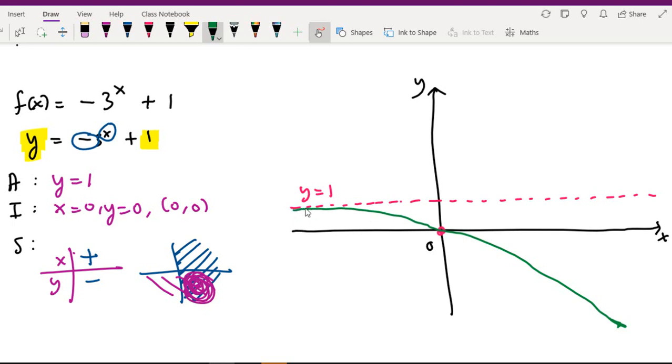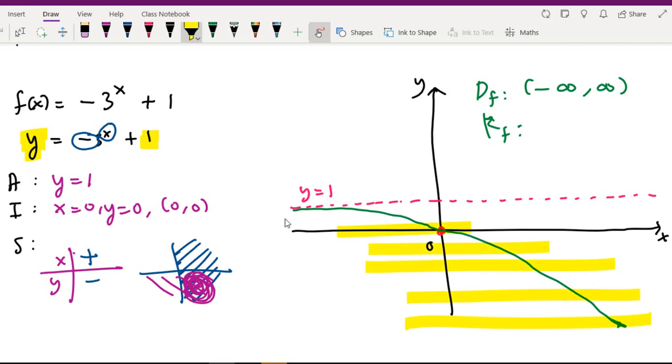This is the asymptote. From the graph, the domain for exponential is always real numbers. The range for this graph goes from the bottom up to 1, so the range is from negative infinity to 1, not included.